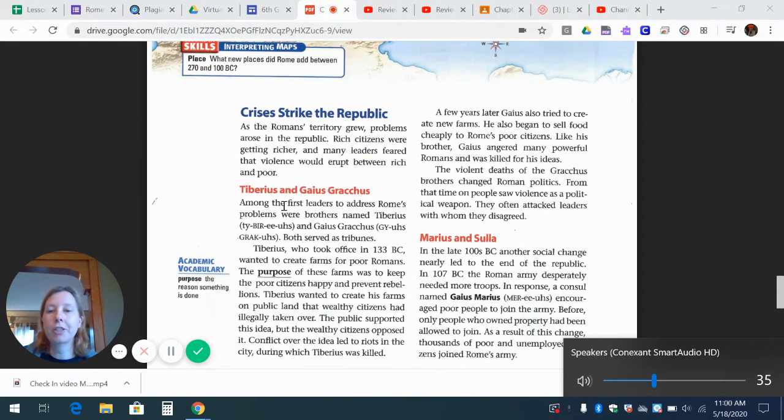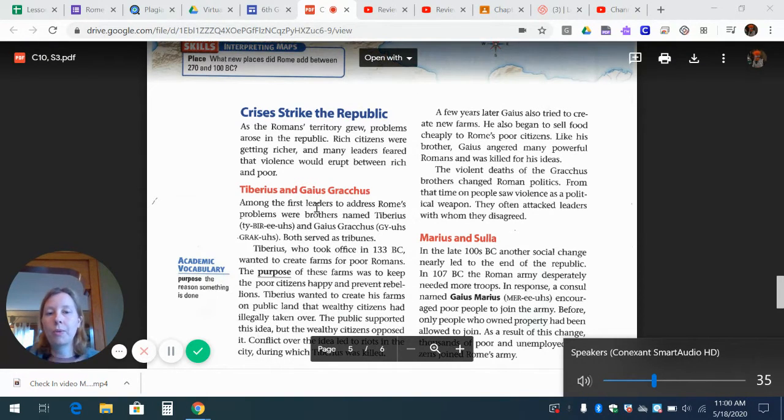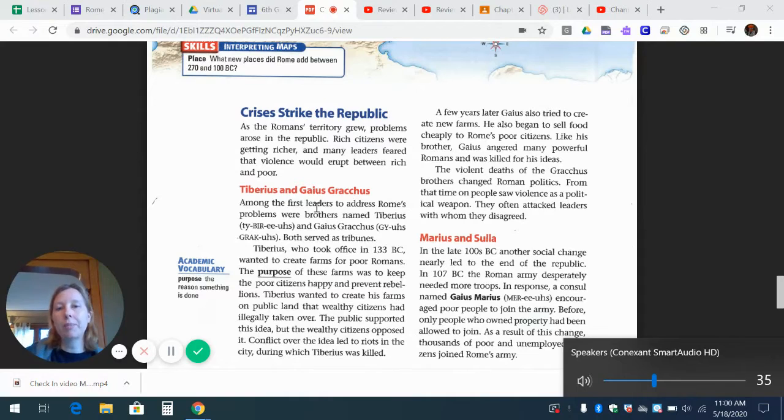So you have the conflict of the farming with Tiberius and Gracchus trying to take land from rich landowners that was public and give it to the poor people. Another crisis that happened because of that was that more violence was now in politics. So that would be the second fact about the Gracchus brothers.